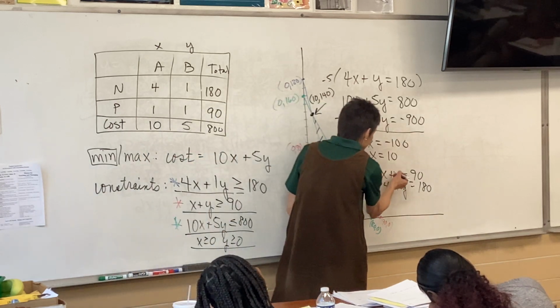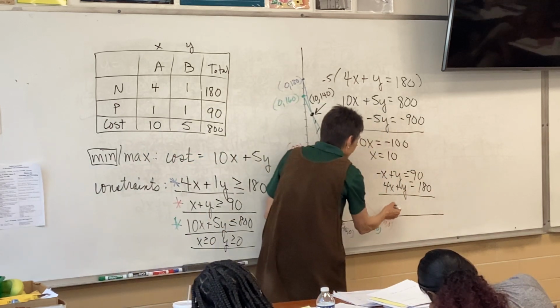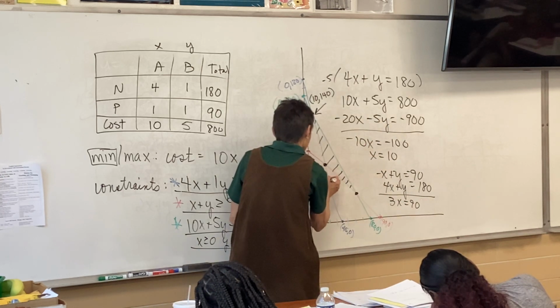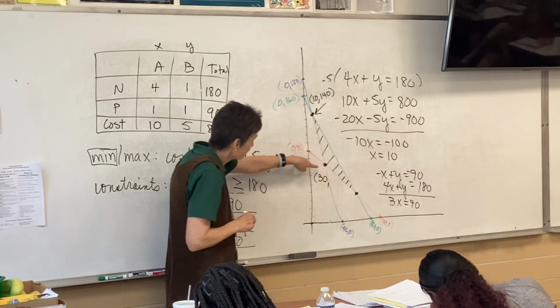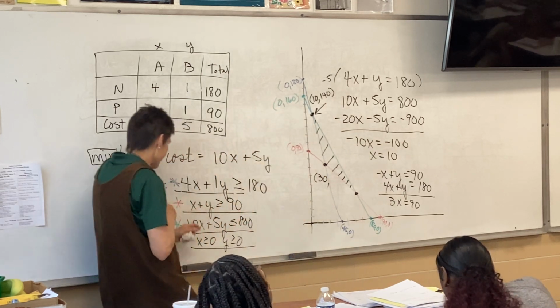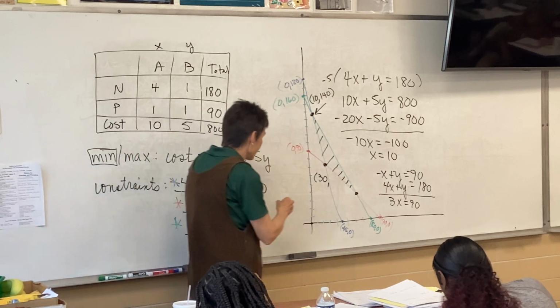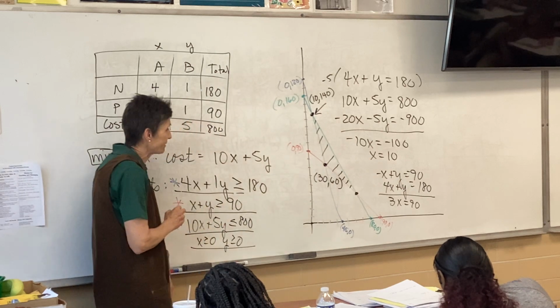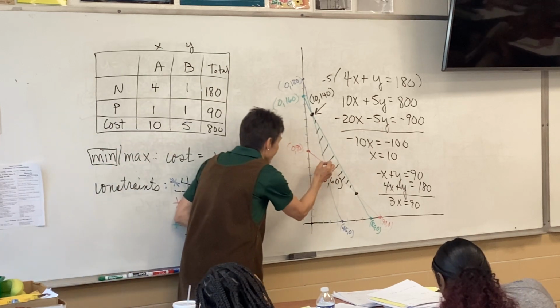I'll just multiply this top one by a negative. So 3x equals 90. I got x equal to 30 for this point right here. And if x is 30, then y has to be 60. Now, if anybody has a question, I did that kind of fast. That's this guy right here.